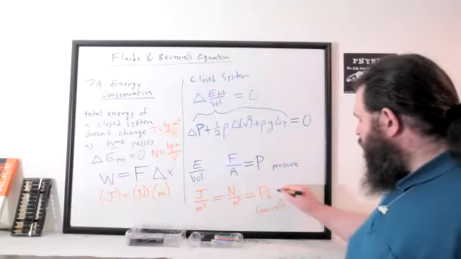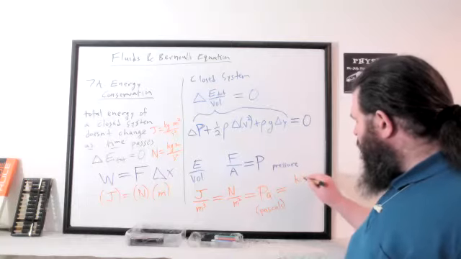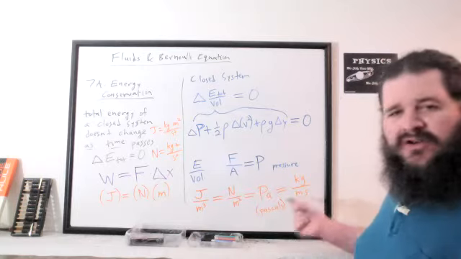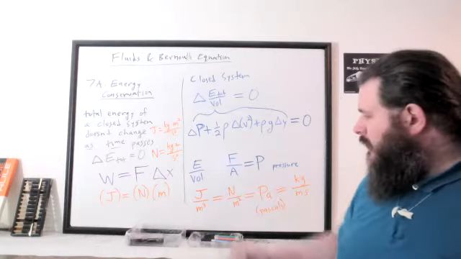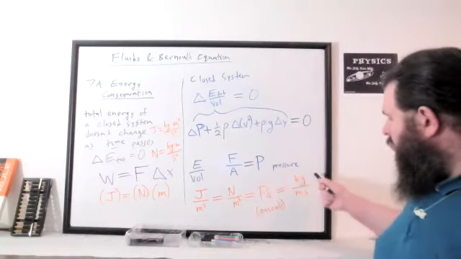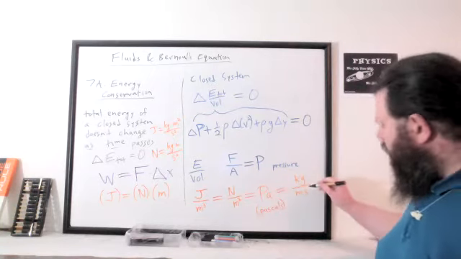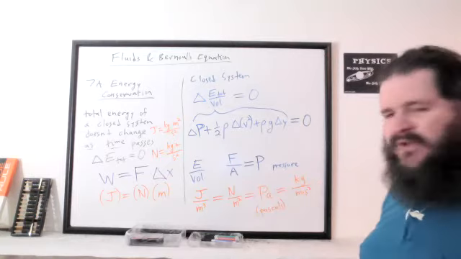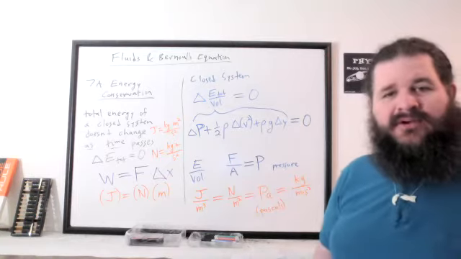One of the meters cancels out, you get kilograms over meters times seconds squared. So this is just another way of writing the same thing. Joules over cubic meters, newtons over square meters, pascals, kilograms over meters times seconds squared. These are just 4 different ways of writing the same units of measurement.